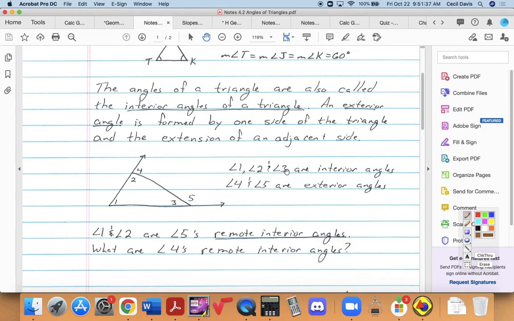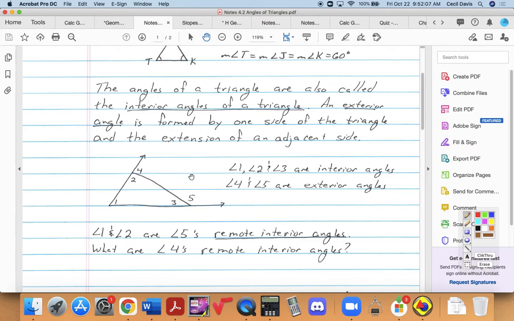We normally don't bother to call them interior angles. We normally just call them the angles of the triangle because they have to be there. But if we extend any of the sides, and it doesn't matter in which direction, we get these angles that are outside of the triangle. Those angles are called exterior angles because they're outside of the triangle.